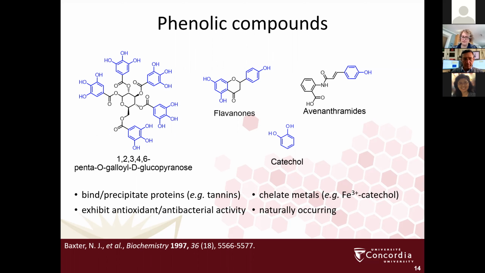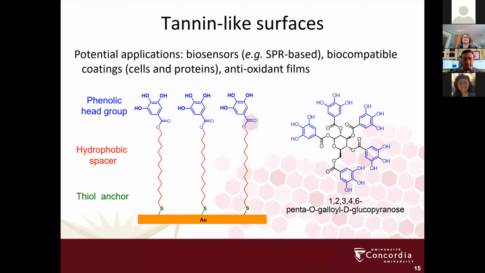And our original idea behind this project was to create a tannin-like surface in order to make a biosensor. So to basically try to mimic this tannin surface, or the presentation of this tannin surface, on a gold substrate for SPR, and be able to pull out very specific proteins.